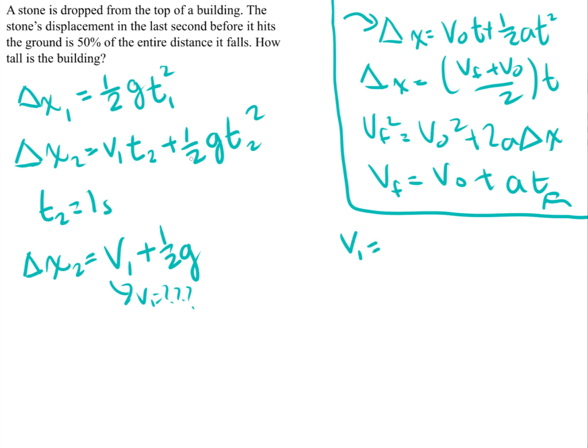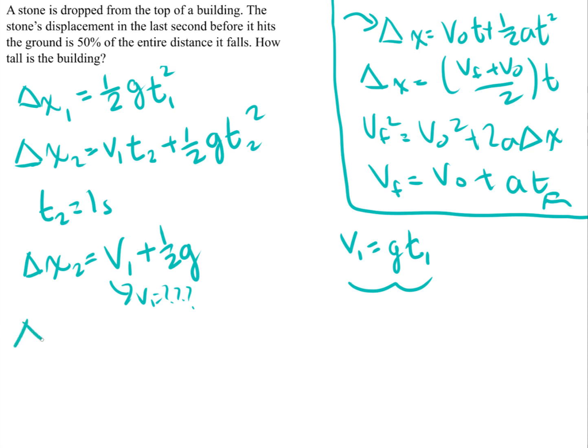And that is equal to the initial velocity, which is 0, because the stone starts from rest, plus the acceleration, which is g, times the time, which is t1. That is the expression we get from this equation.